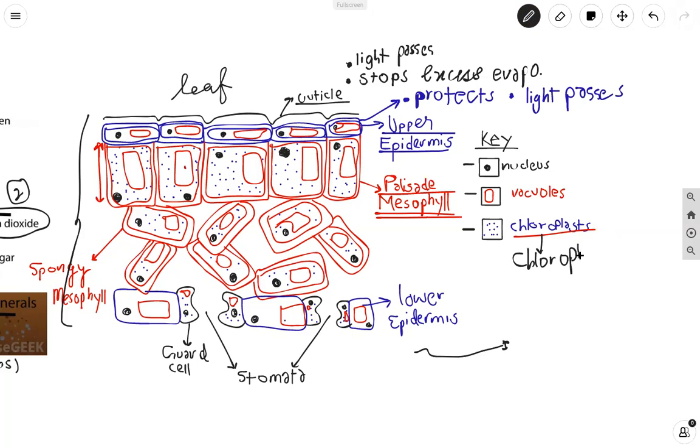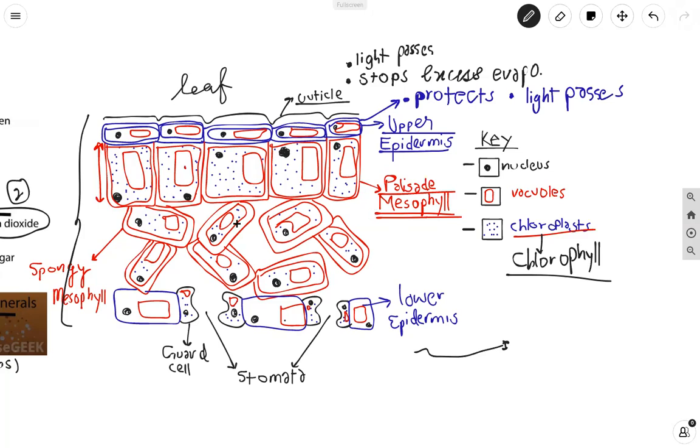And chlorophyll is essential for photosynthesis because, again, I'm going to reiterate a very important point: light energy is changing into chemical energy, and in order to take in that light and really absorb it and use it, we need chlorophyll, the green pigment in cells. Chlorophyll is present in the chloroplasts, an essential part of a photosynthesizing cell. Therefore, it's also essential in the palisade mesophyll.